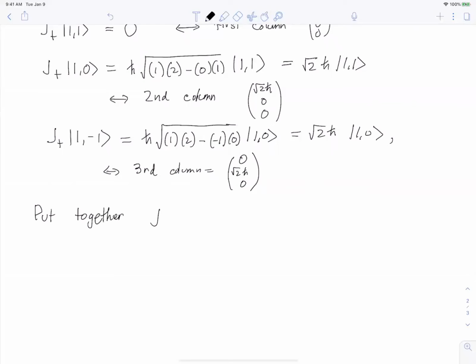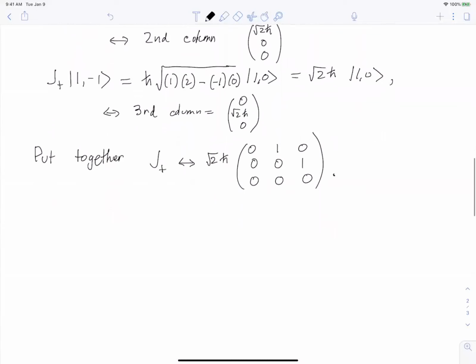And that says the operator j plus is represented by the matrix square root of 2 h bar times 0, 1, 0, 0, 0, 1, 0, 0, 0. We're just putting together the columns that we found before.